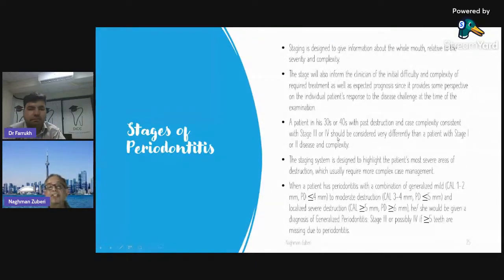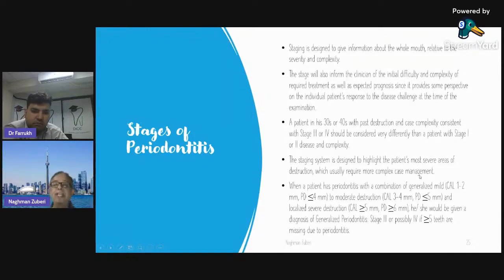So stage 3 or 4 should be considered very differently from a patient with stage 1 or 2 disease and complexity. The staging system is designed to highlight the patient's most severe areas of destruction, which usually require more complex case management.